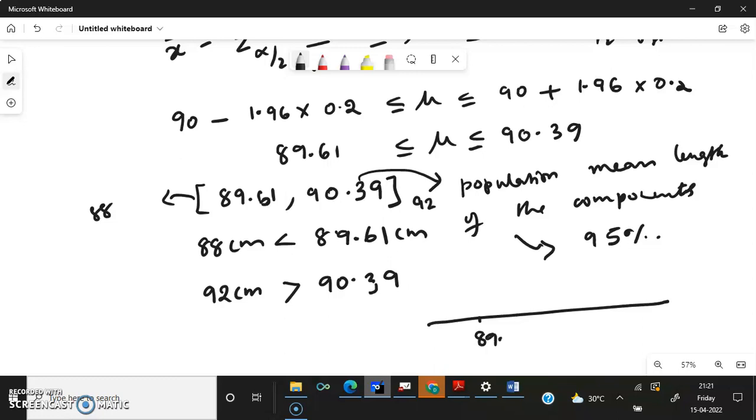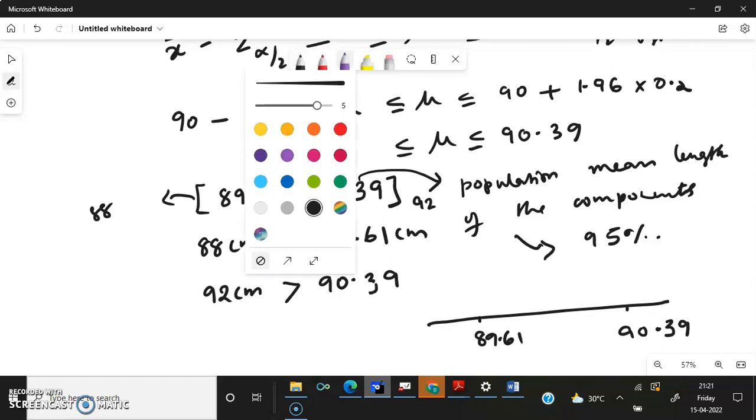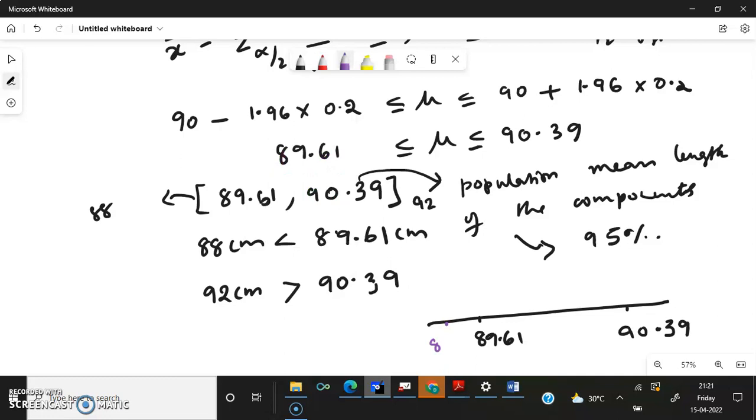This is 89.61 and this is 90.39. Lesser than 89.61, 88 will come somewhere here, and 92 will come somewhere here. So lesser than this and greater than this.